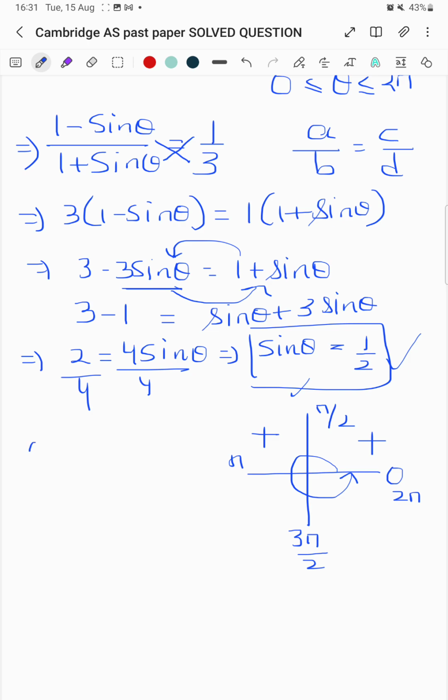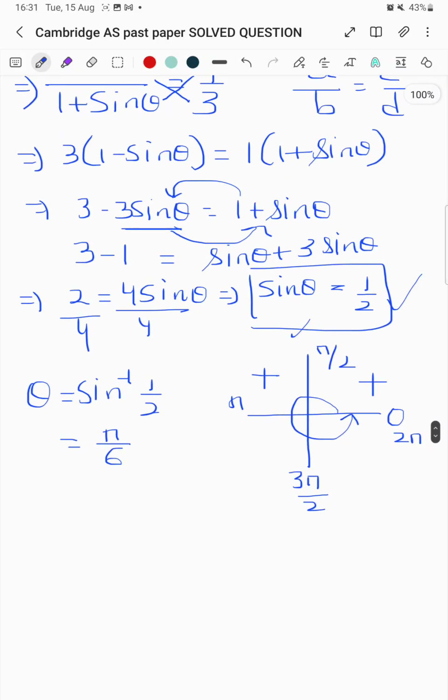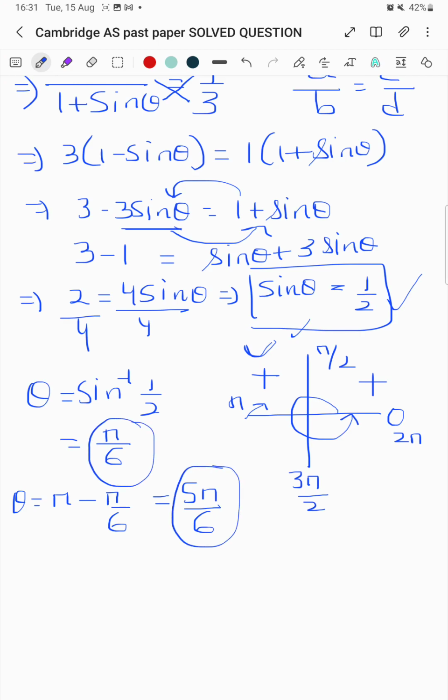Theta equals sine inverse of a half, which is pi over 6, that is 30 degrees. Because the domain is given in radians, we also give our answer in radians. To get the second angle, theta equals pi minus pi by 6, because the angle is less than pi and in the second quadrant. So pi take away pi by 6 is 5 pi by 6. So we got two values of theta: pi over 6 and 5 pi by 6.